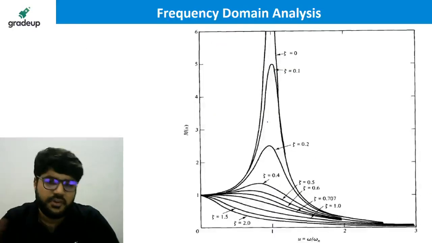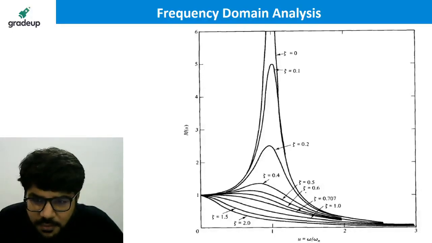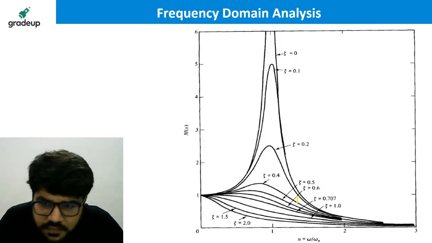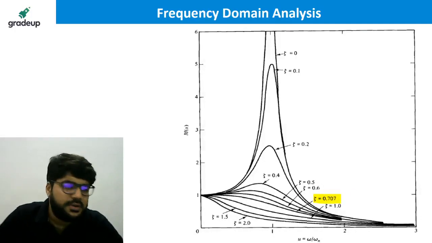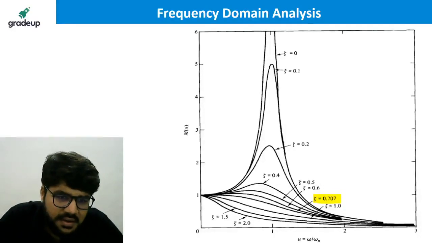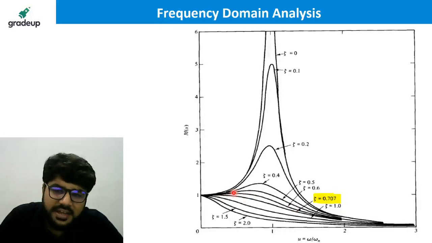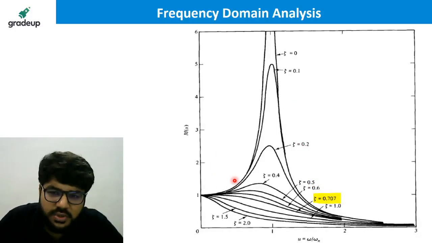Look at this waveform for different values of zeta. If you are able to see now, I will highlight this. Look at this: zeta equal to 0.707, where the curves have started becoming flattened, they will not rise above 1. If zeta is any value less than 0.707, you are getting the value of the peak.